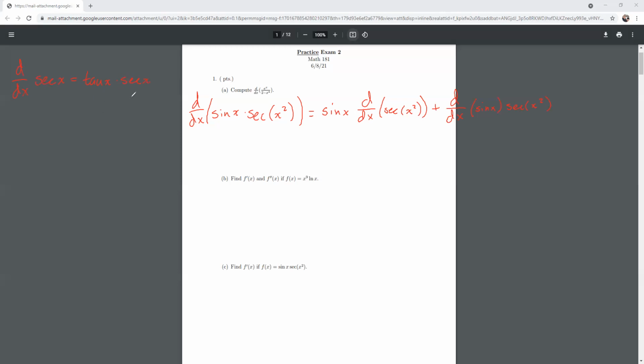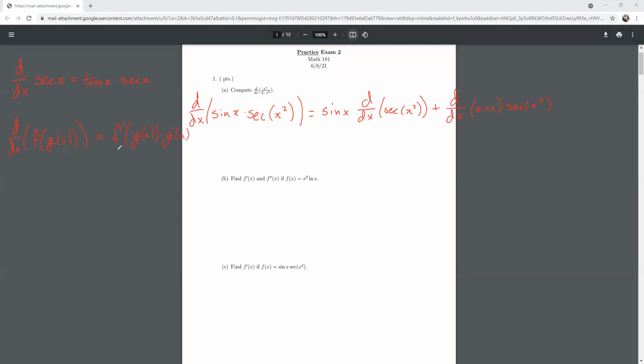So we just end up tacking on a tangent right there as well. Okay. All right, so how do we do this with chain rule? So recall, chain rule says that the derivative of f of g of x, let's see, I need one more parenthesis, is going to be f prime of g of x times g prime of x.